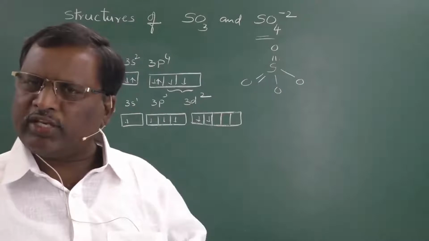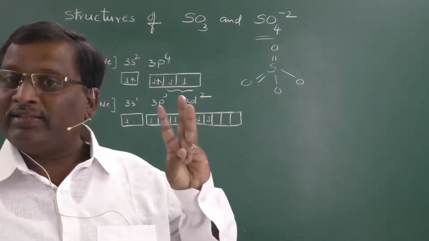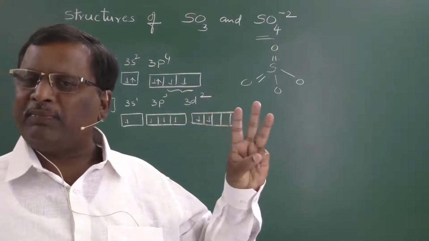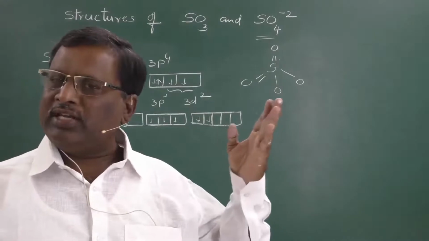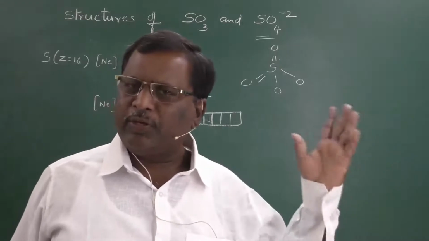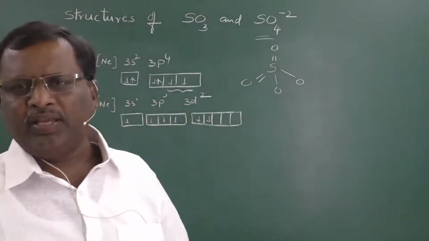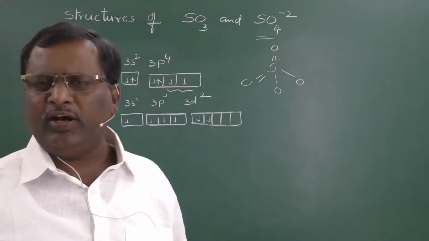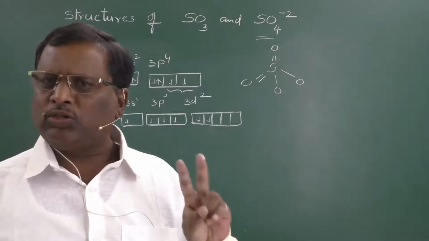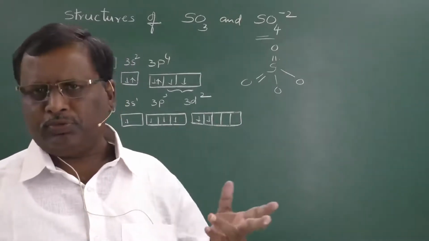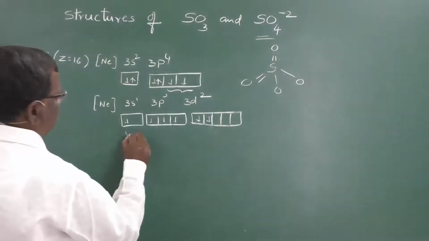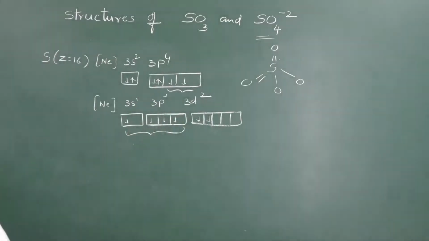That means we require 3 pure p orbitals, and since it is planar trigonal, we checked that the hybridization is sp2, and sp2 hybridization satisfies the structure. Here the shape of this ion is tetrahedral. Only 2 pi bonds are there, so we require only 2 pure orbitals. Since it is tetrahedral, sp3 hybridization is expected.